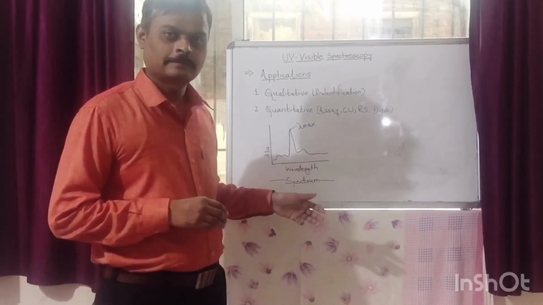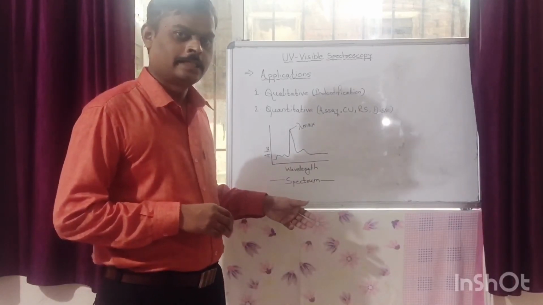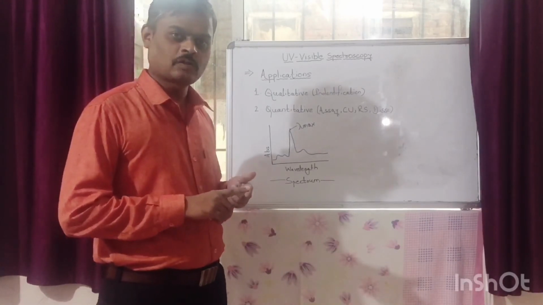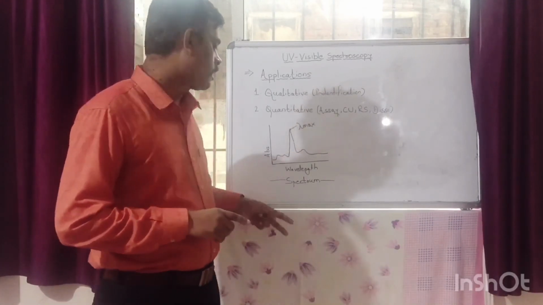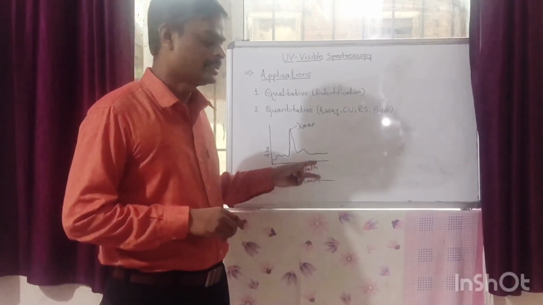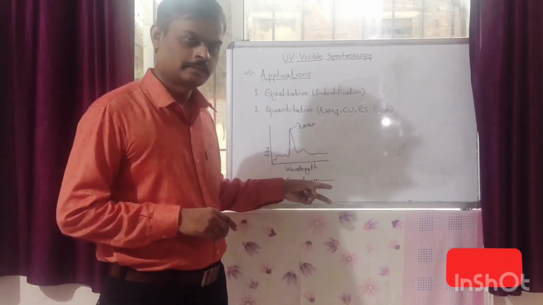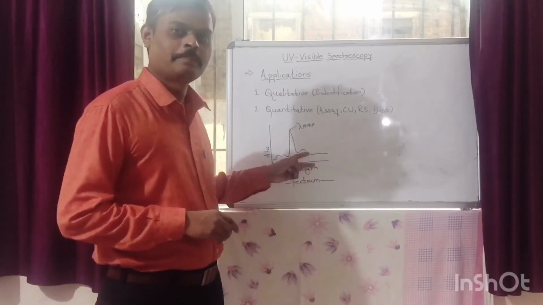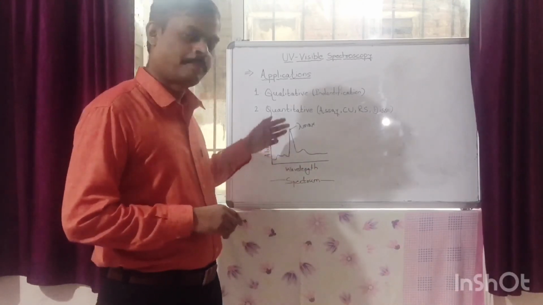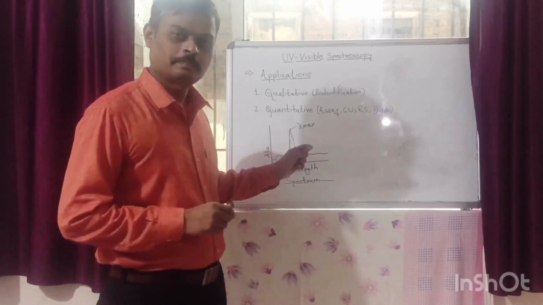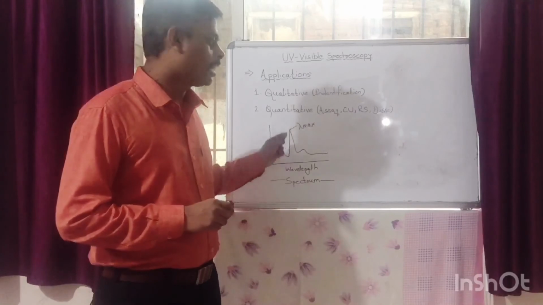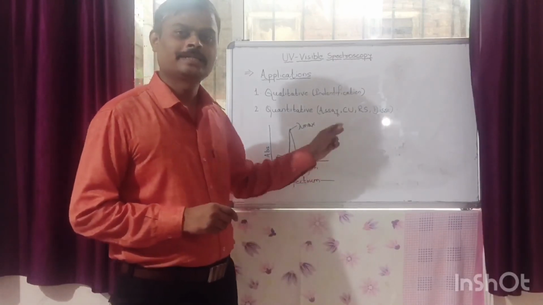For concentration, solutions of equal concentration of standard and sample shall be prepared. The absorbance of standard and sample shall be measured, and based on the comparison of absorbance of standard and sample, the unknown concentration shall be determined.